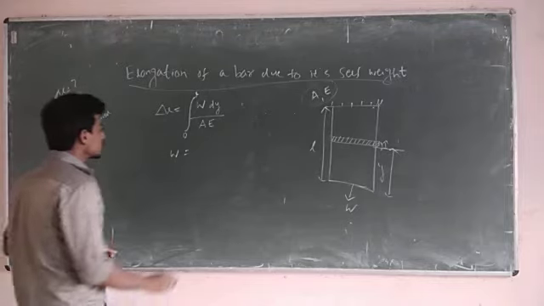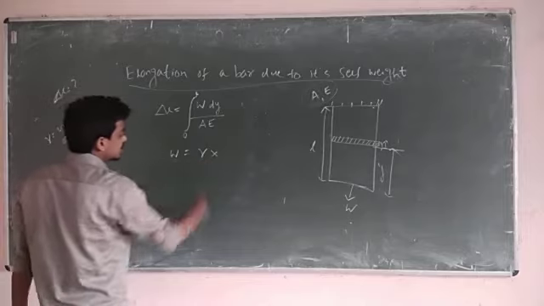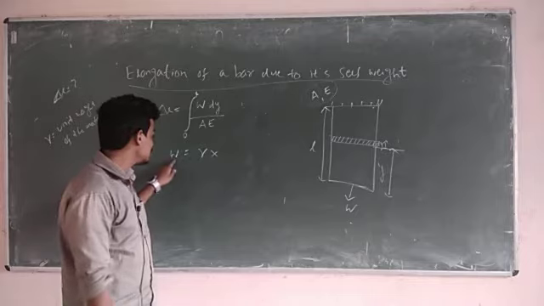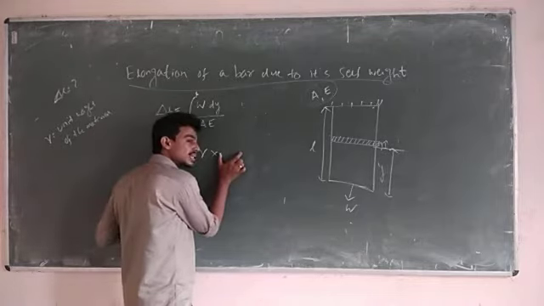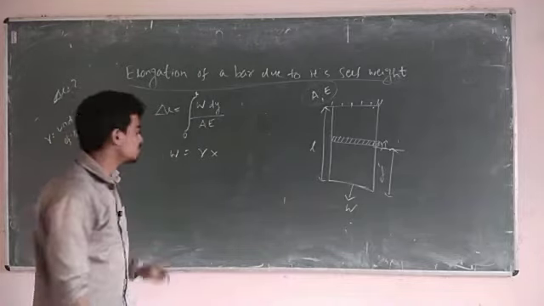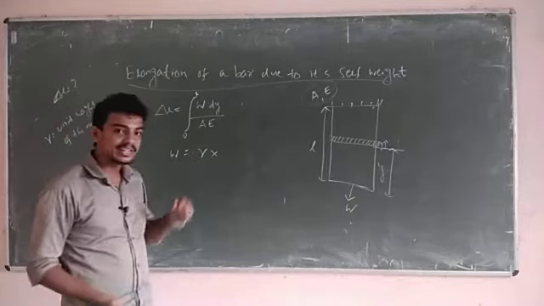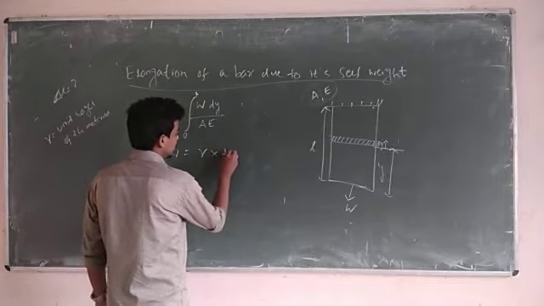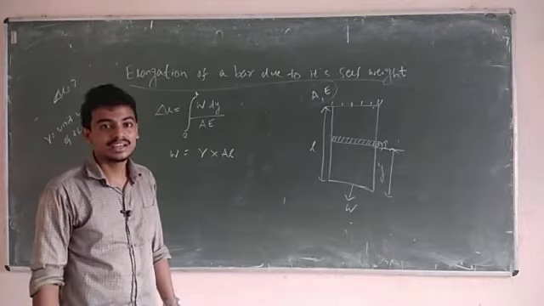So if I want to write W in terms of unit weight, unit weight means weight by volume, so gamma into volume will give you the weight. So what is the volume here? A into L. So you can write gamma A L.